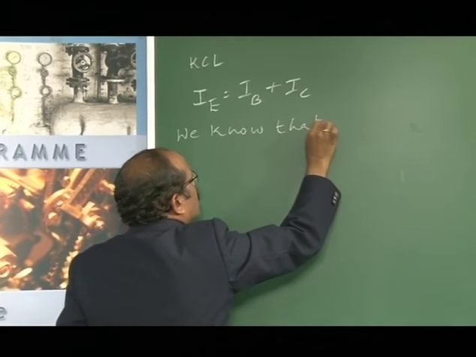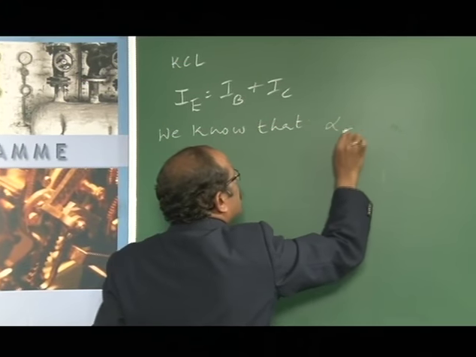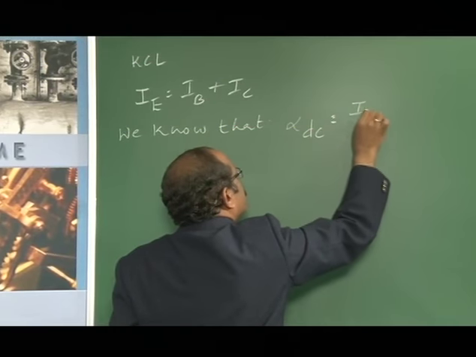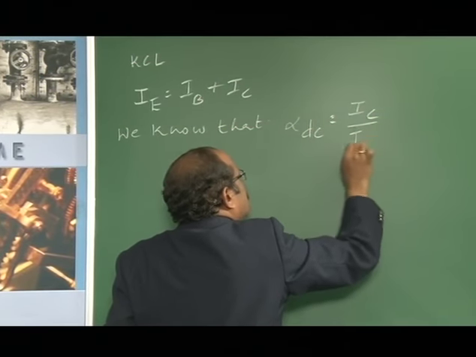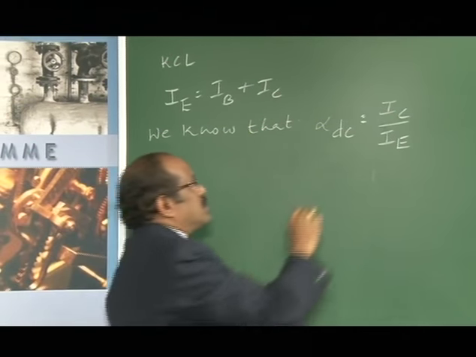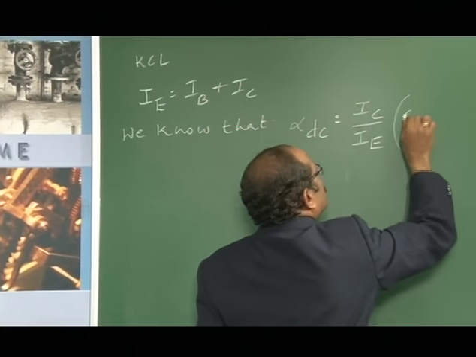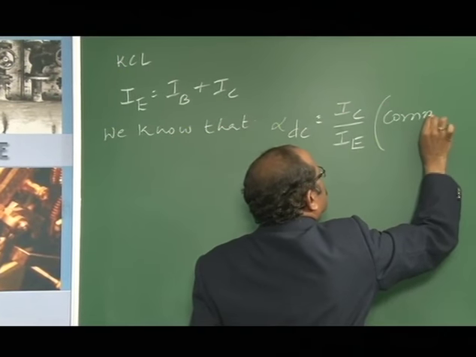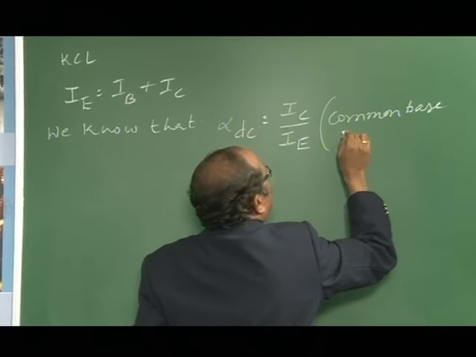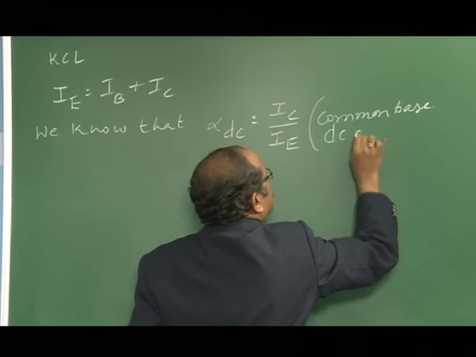Here we know one parameter called alpha DC. It is nothing but the ratio of IC by IE. It is also called the common base current gain or DC current gain.